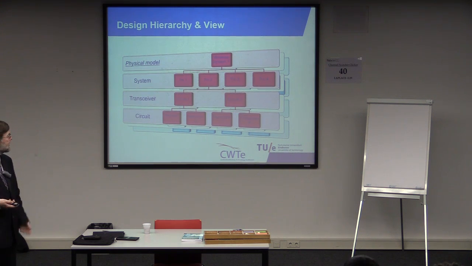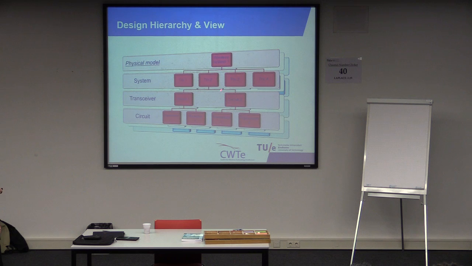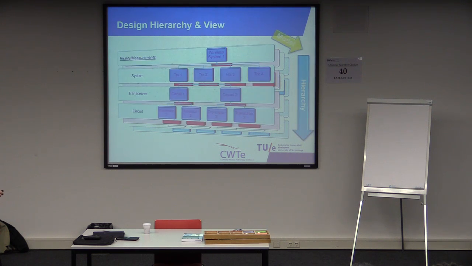We have all these transceivers. And usually we do these things at the same time. So usually we decompose into smaller parts and smaller parts. And at the same time, we go from conceptual abstract levels to more precise descriptions in terms of physical models or even measurements. In this direction, going from top to bottom, we go through a hierarchy.